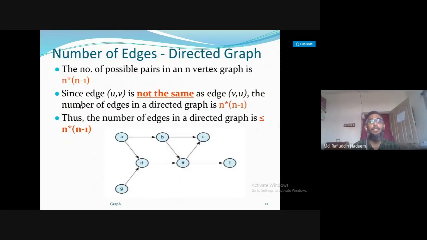Then you have the number of edges in a directed graph. How many edges will be in a directed graph? The possible number of pairs in an n-vertex graph will be n into n minus 1.